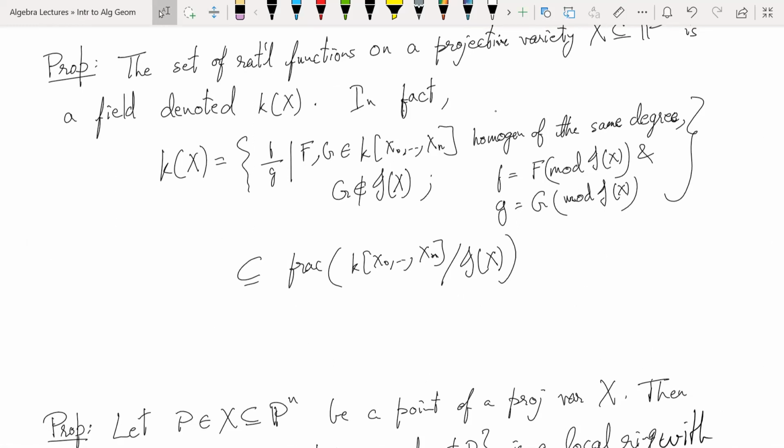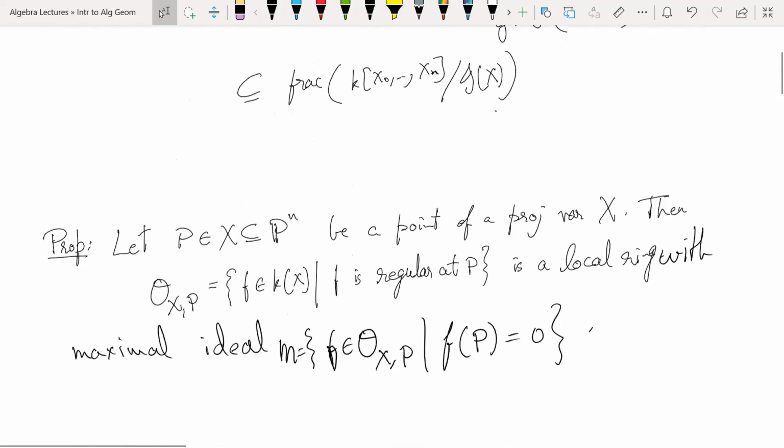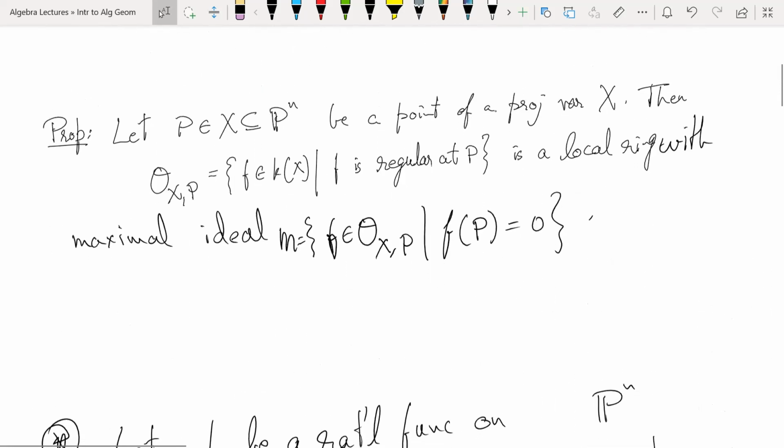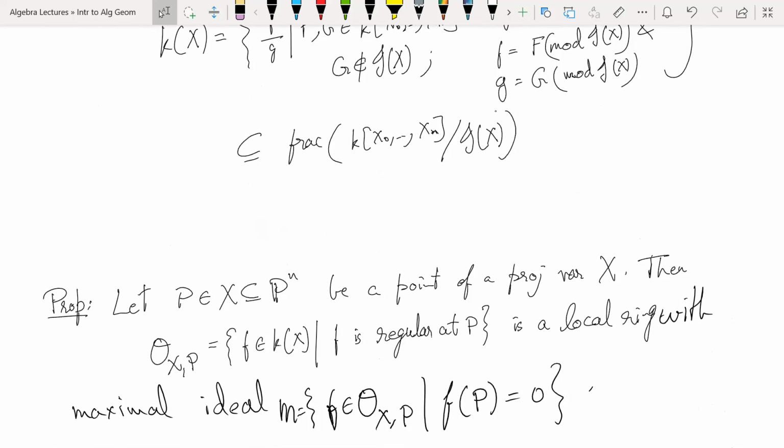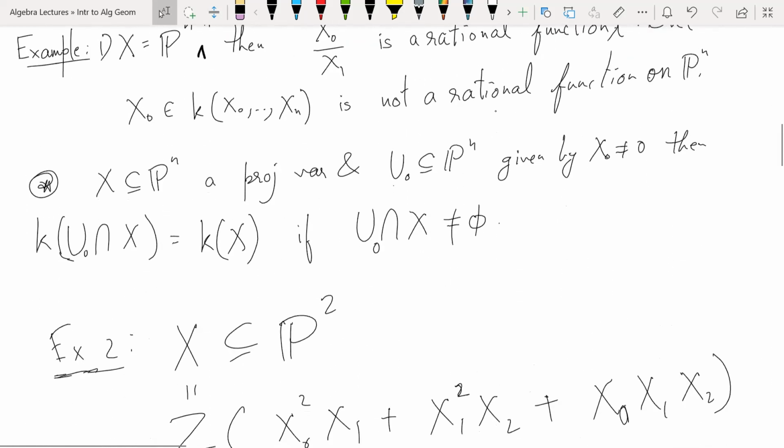If X is a point, then maybe they are the same. No, even then it is strictly smaller. For instance, x0 is in the fraction field, but it is not a rational function. So you do get something strictly smaller.